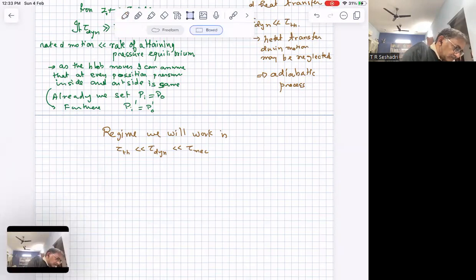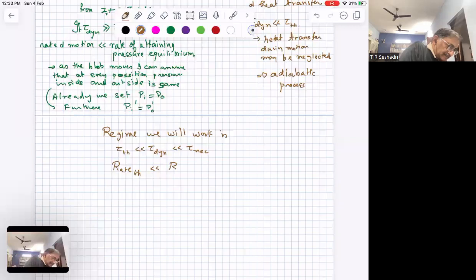The right thing should be: the rate of thermal is much less than the dynamical rate, which is much less than the rate at which mechanical equilibrium is attained. That implies that tau thermal has to be much greater than the dynamical time scale, which is much greater than the mechanical time scale. So this was wrong.